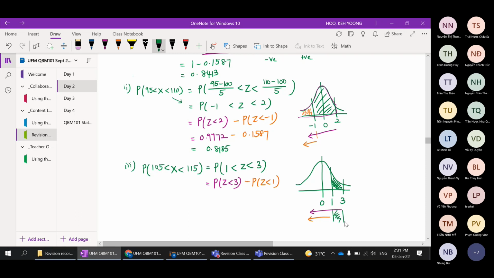If you don't need the graph and you can solve it, then even better, you don't draw the graph. So less than 3, refer to the statistical table, you have 0.9987. Less than 1, you will have 0.8413. So final answer, you will get 0.1574.